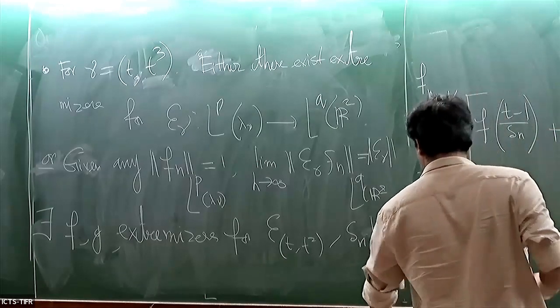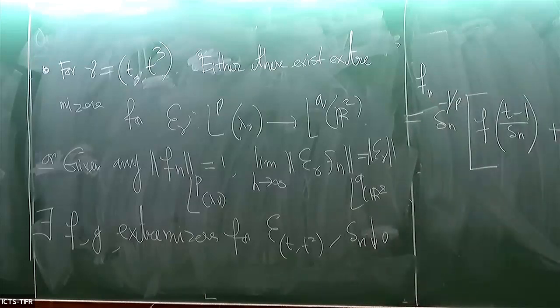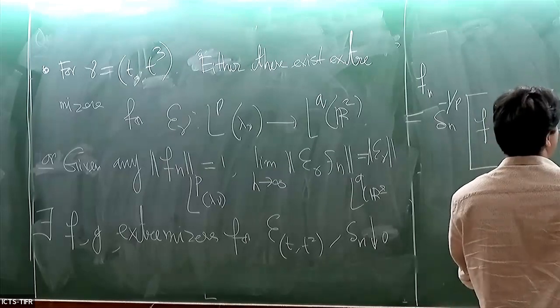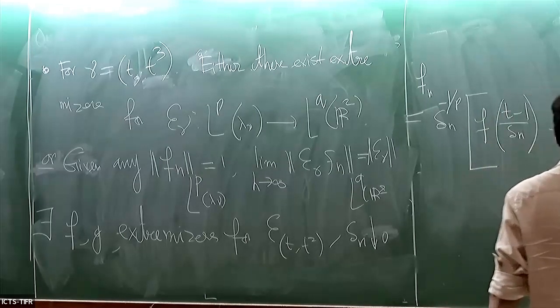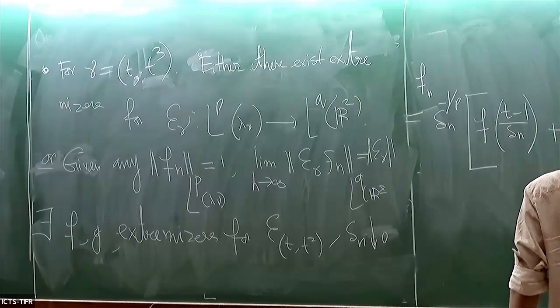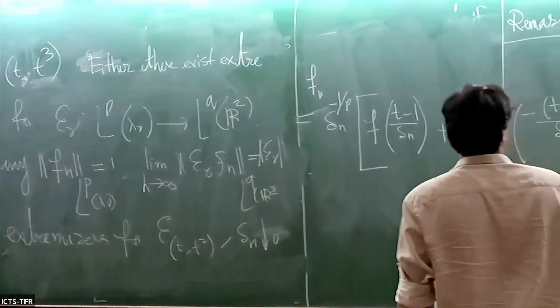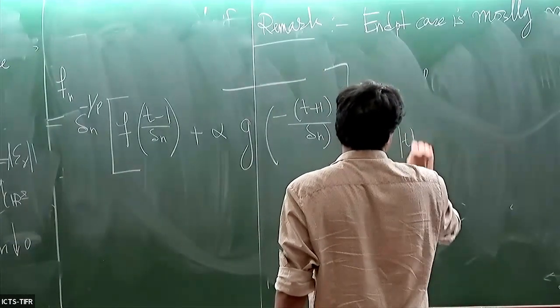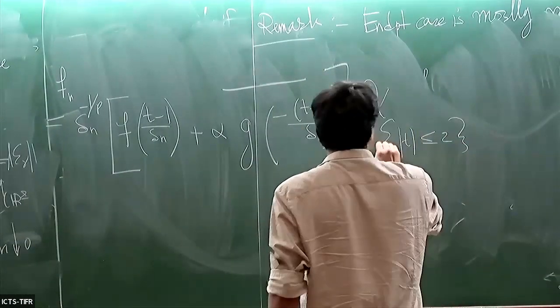And the other one is alpha g at (-t+1)/delta n, times the characteristic function of t less than or equal to 2.